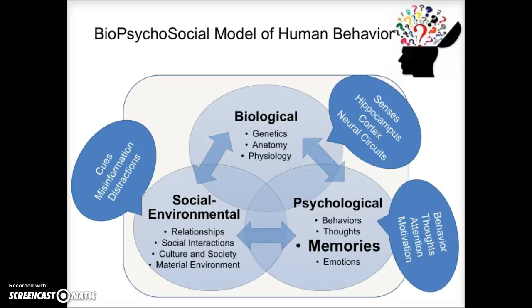Finally, memory is also influenced by cues from our environment and misinformation and distraction. So we'll be looking at all of these factors and how they interact to help explain memory and psychology.